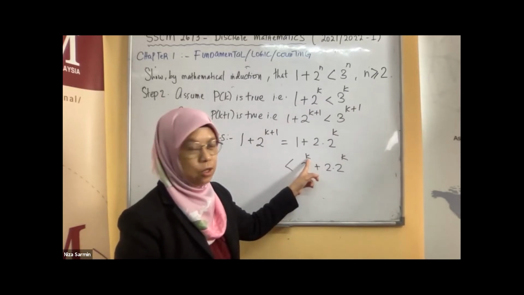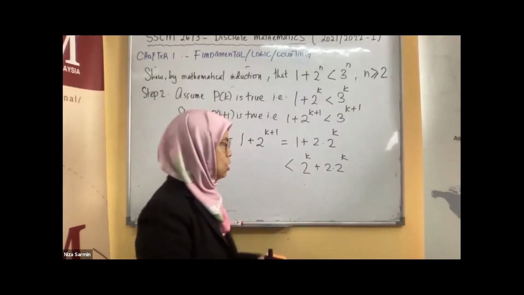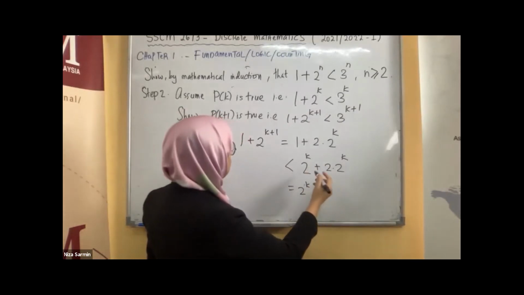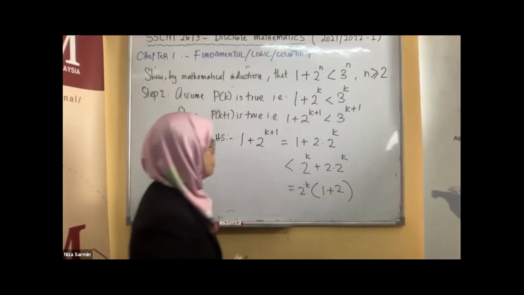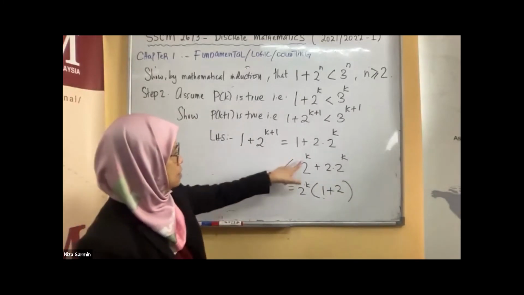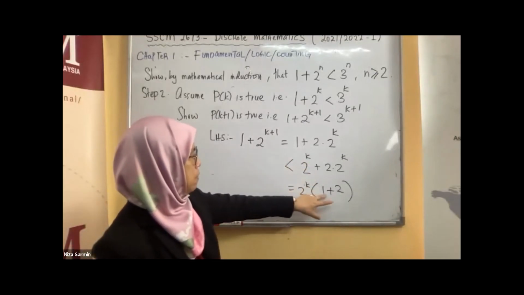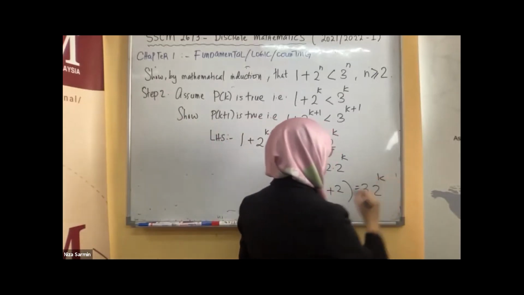You want 2 to the k because you can take out 2 to the k. If 1 is less than 2 to the k, you take out 2 to the k, what's left is 1 plus 2, which is 3, times 2 to the k.